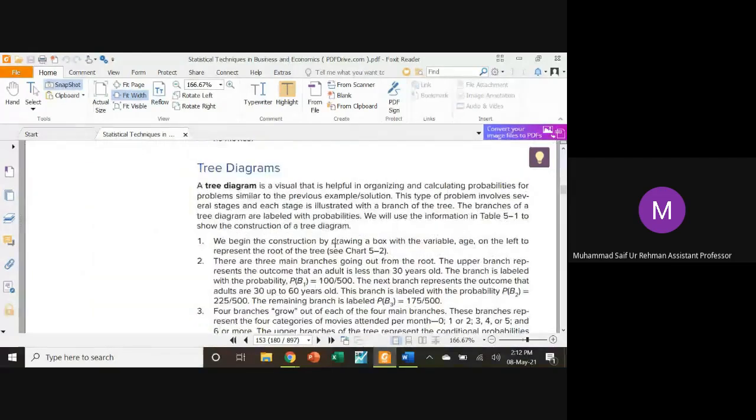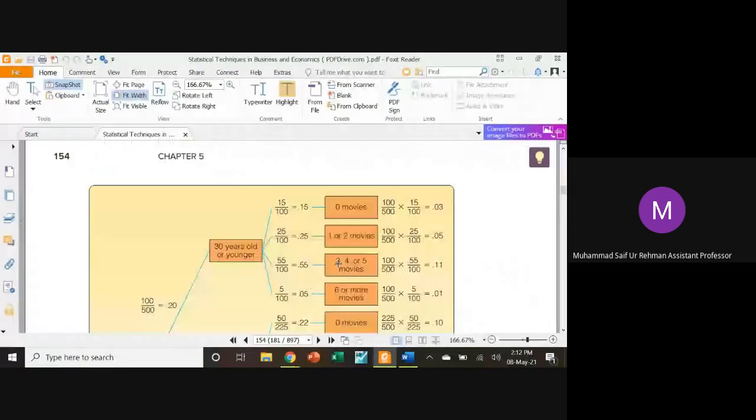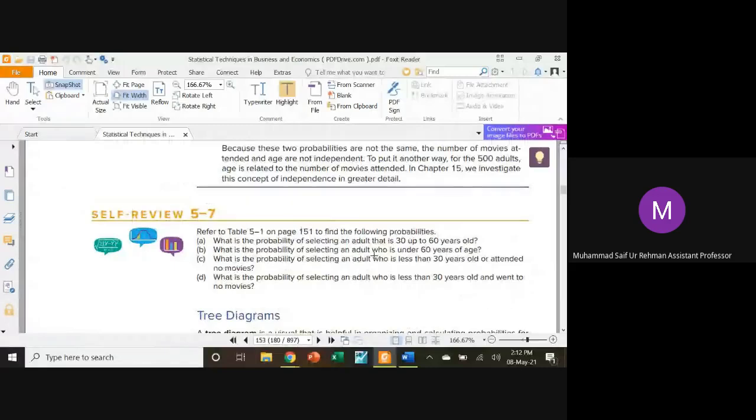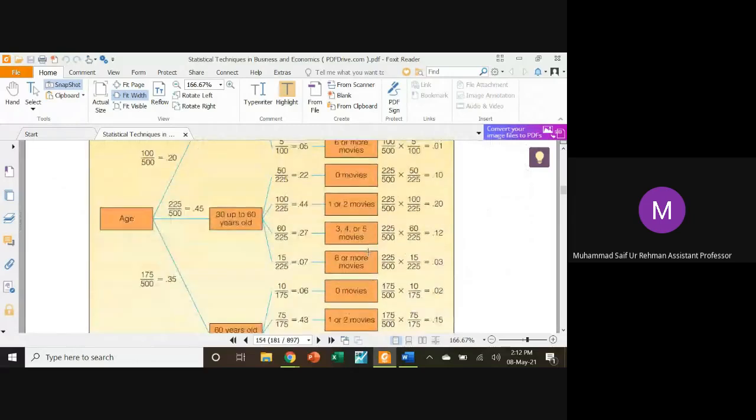So you can see this example. I have solved it in self-review 5-7. We solved this example, the example and the self-review. And this tree diagram is the same for these two, where we have covered few situations. So the remaining situations are also there in the tree diagram.